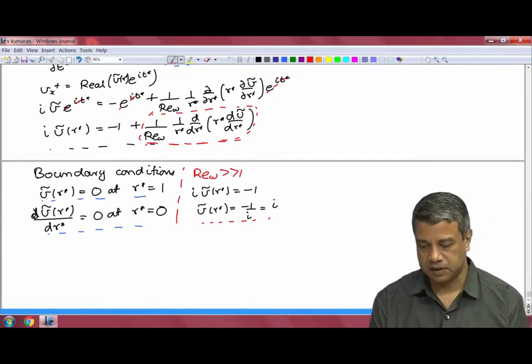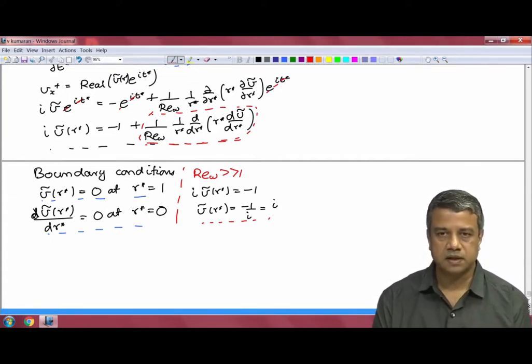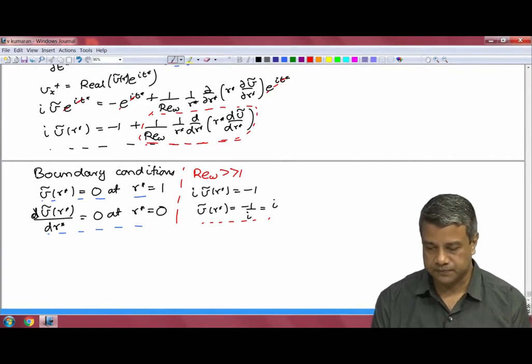wall. The reason we cannot satisfy the boundary condition was because the original equation was a second order differential equation, a second order ordinary differential equation, and if you integrated that second order equation, there would be two constants, and with those two constants you could satisfy the boundary condition.